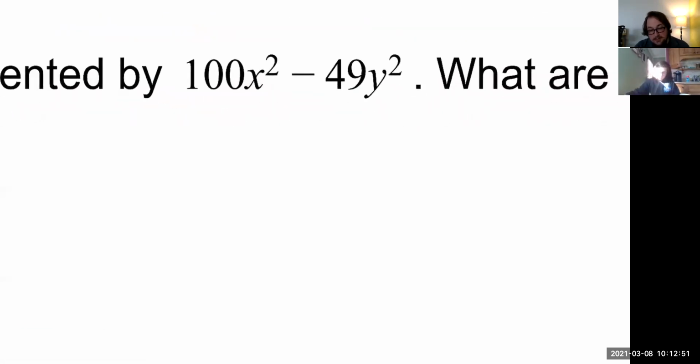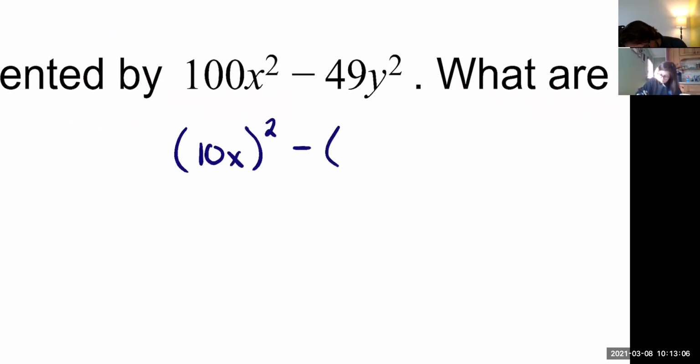And when I look at the expression I'm given, I notice that this looks a lot like a difference of perfect squares, to which I would then ask you, what is being squared to make 100x squared? 10x. And what is being squared to make 49y squared? 7y.